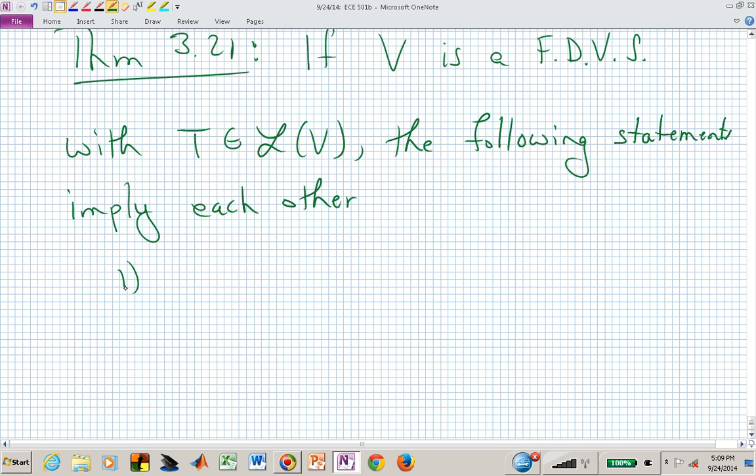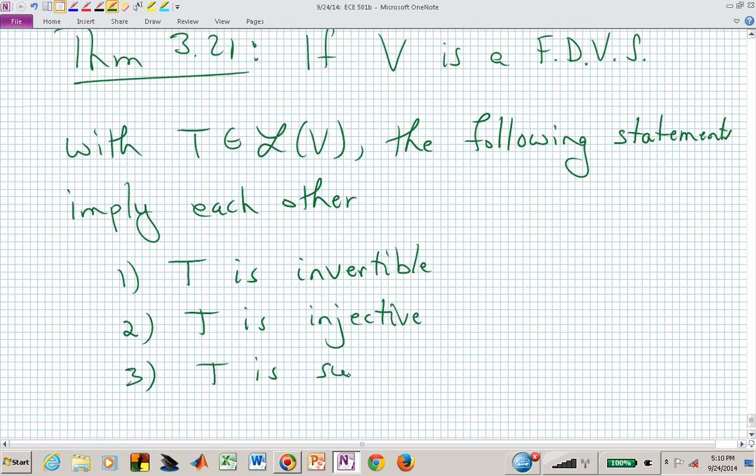Meaning, that basically means they're equivalent. 1, T is invertible. 2, T is injective. 3, T is surjective.